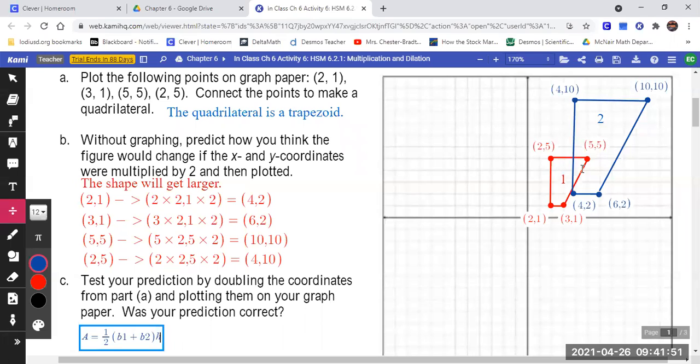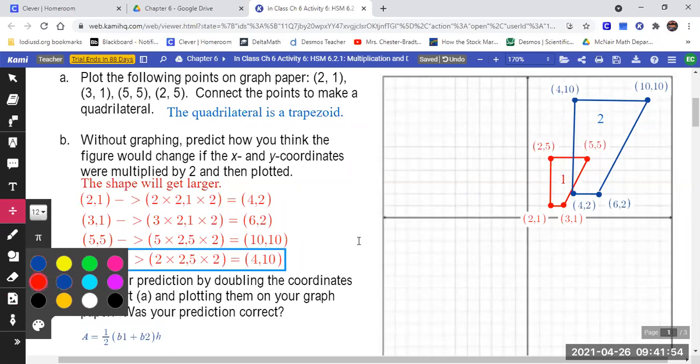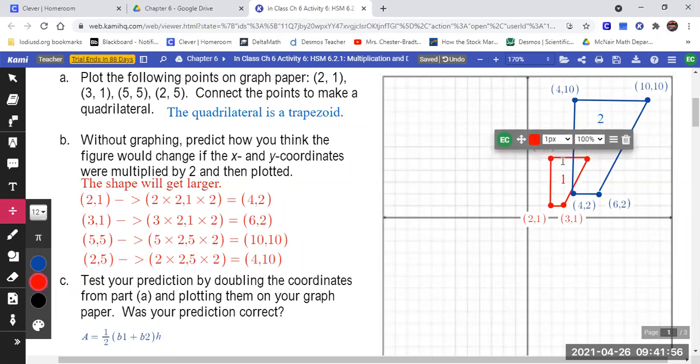So let's go label and count. All right, we are counting the red shape. How far is it? How long is the top line? What's that size of the top line for the red one? That's base 1. So count how many squares it is from right to left, left to right for that top red line.